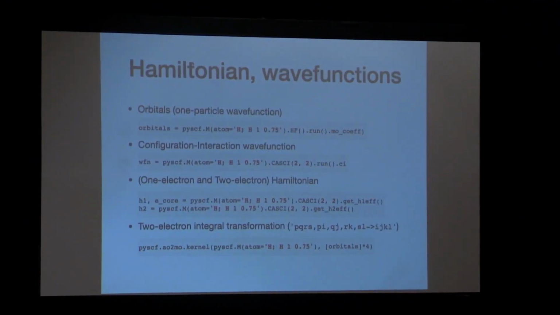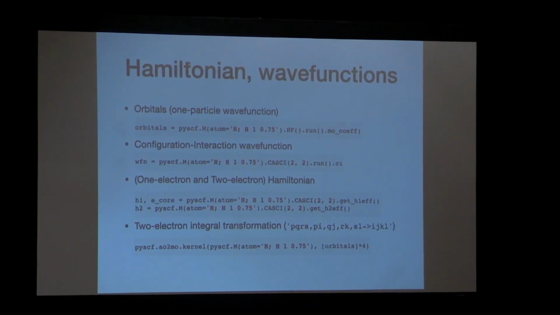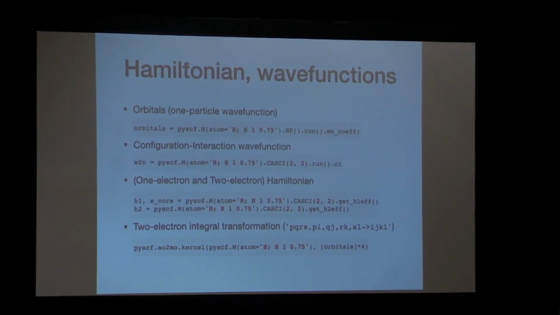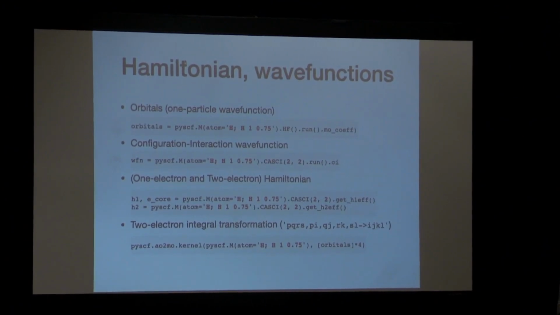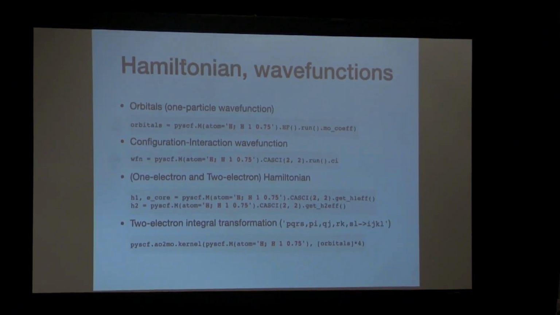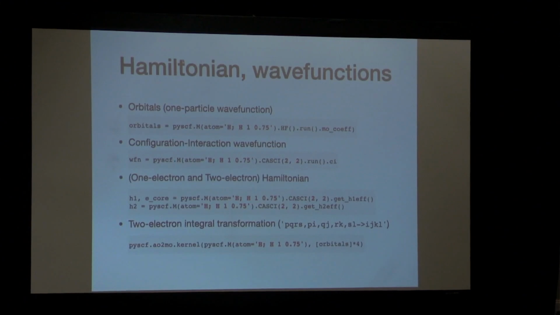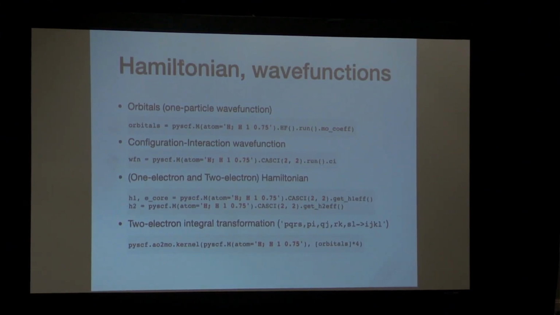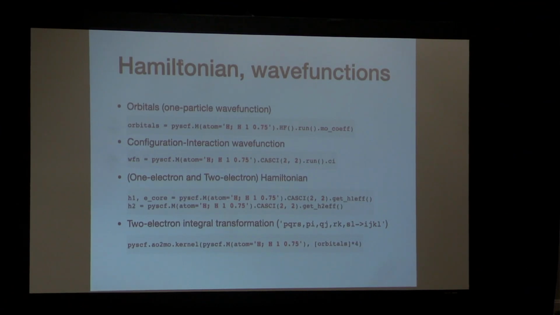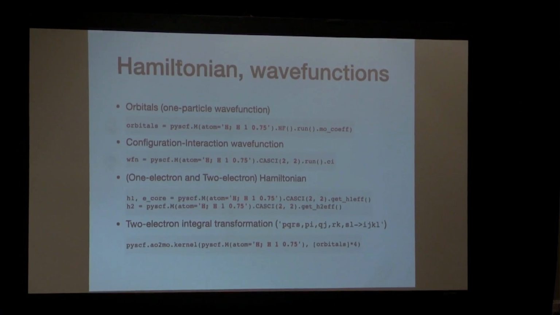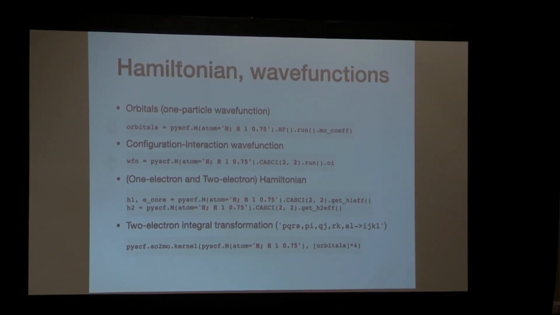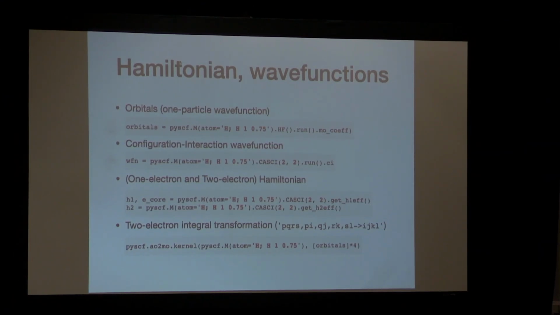I will touch on this later, but what do we need to study a new method in quantum chemistry? The most fundamental quantities we care about are the Hamiltonian and the wave functions. In PySCF, there are APIs to access those quantities. For example, if you wish to get the coefficients of the orbitals, it's just one line of code, as this example shows.